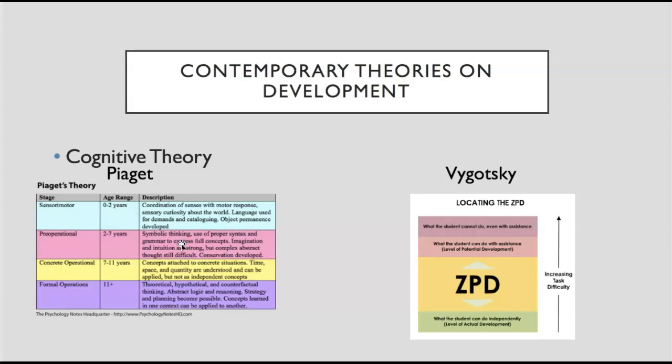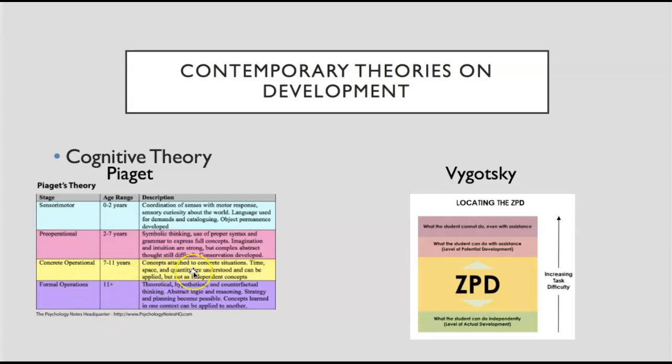A couple of other things that also happen here include the development of conservation, or the ability to understand that an object, the amount of matter, stays the same even if its shape changes, and this occurs at the end of the pre-operational stage. In the concrete operational stage, the child begins to use some very primitive reasoning and logic.